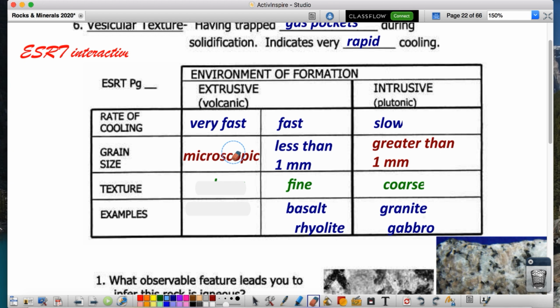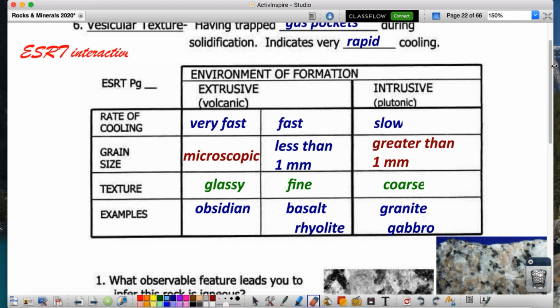Again, check the ESRT. And the answer is glassy. And please provide 1 example of a rock with glassy texture. And your answer is obsidian. You could have also given us scoria. You could have also given us even pumice.